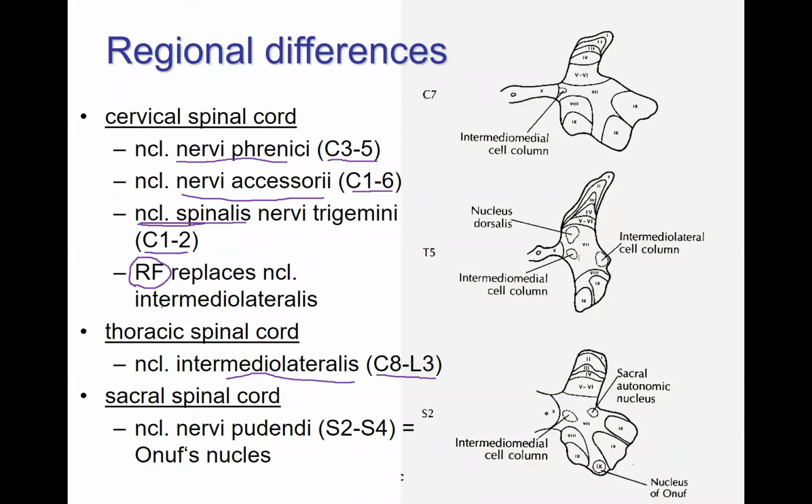And C8 to L3 is sympathetic, while the parasympathetic intermediolateral nucleus is S2 to S4, and S2 to S4 are also roots of the pudendal nerve. So the parasympathetic fibers travel together with the pudendal nerve, and the nucleus is called Onuf's nucleus. You just have to realize that all of them are part of the spinal cord as well.